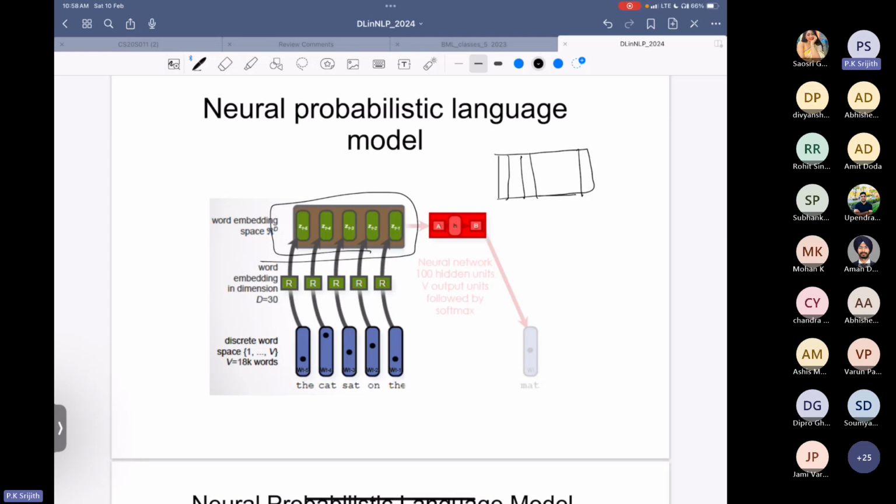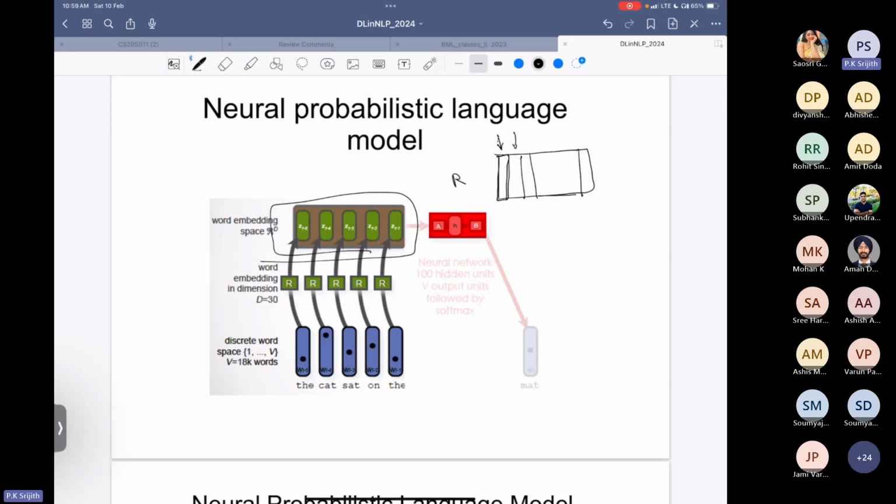Okay, so let me consider this matrix as some matrix R. Each column represents some kind of vector representation. Let us assume it is 30 dimensional, or it can be any arbitrary dimension, 50 or 100 dimensional, etc. Each column represents the vector representation for a word.